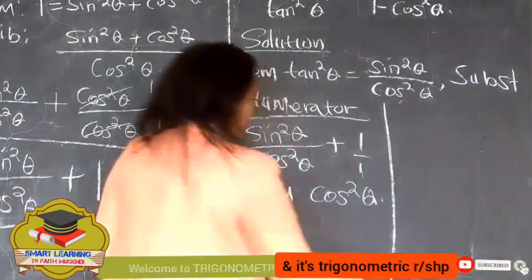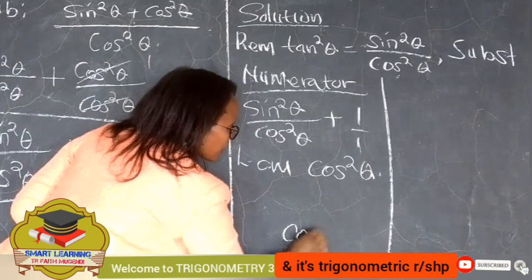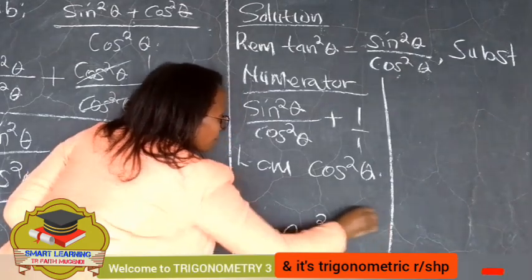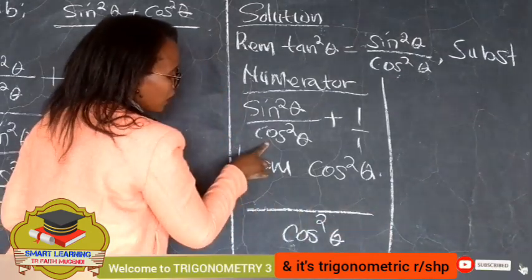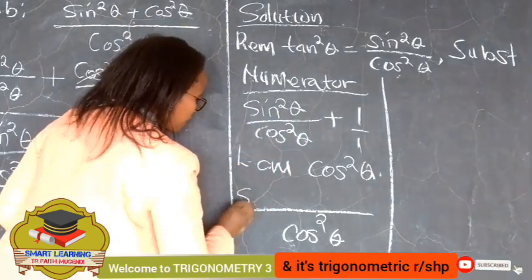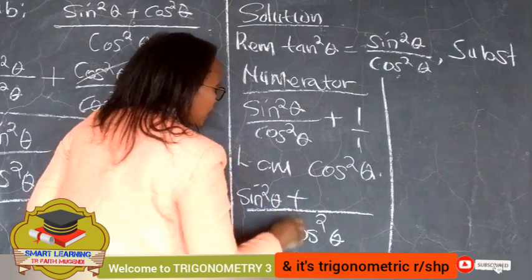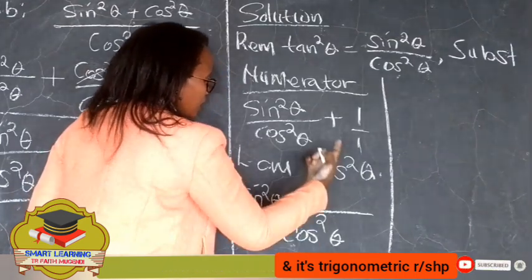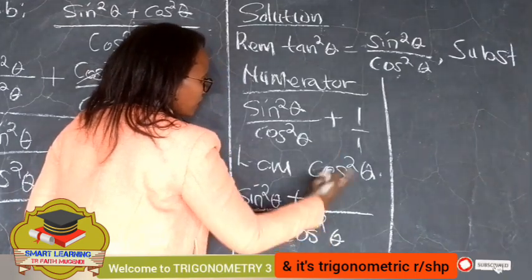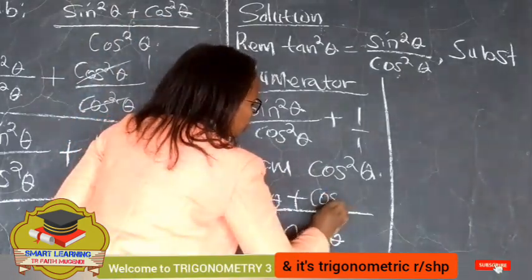Now this means that cos squared theta goes into 1, then 1 times sin squared, we shall have sin squared theta plus cos squared theta divided by 1 is cos squared theta times 1 is cos squared theta.